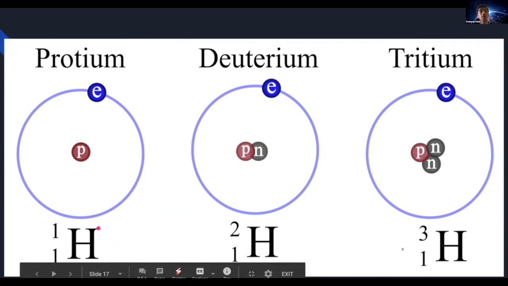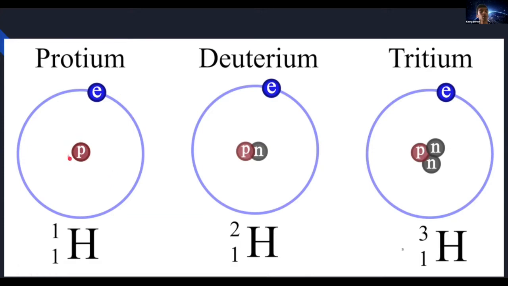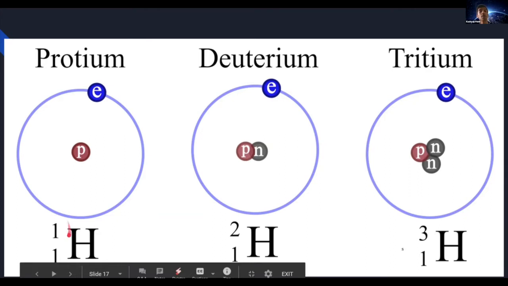The number on the bottom tells us the number of protons in hydrogen, which is 1, and the number on the top tells us the atomic mass units of this particular protium. As you can see, we only have 1 proton in the nucleus, which is why the atomic mass of protium is also only 1.